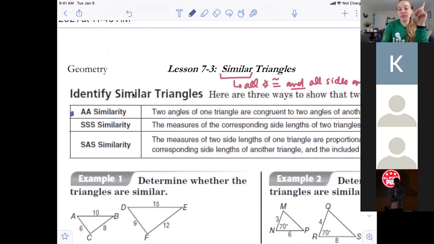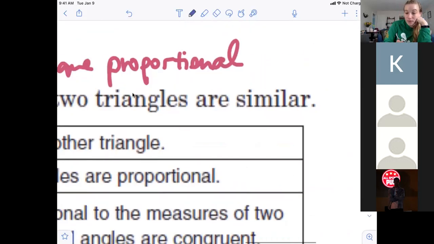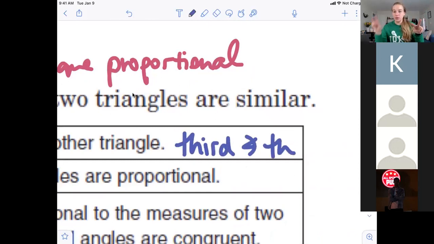So those were 3 ways that didn't work, but AAA similarity is the first way that I can tell that 2 triangles are similar. It says if 2 angles of one triangle are congruent to 2 angles of another triangle, then we know that they're similar. What comes from that is the third angle theorem. So remember, if 2 angles are congruent to 2 angles here, then those third angles have to be congruent because the sum of the angles is 180, and there's only one other number that makes that happen.